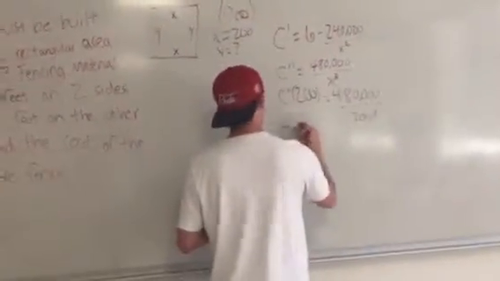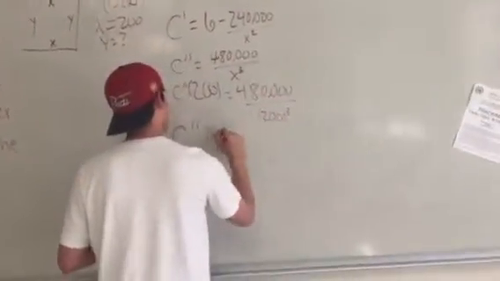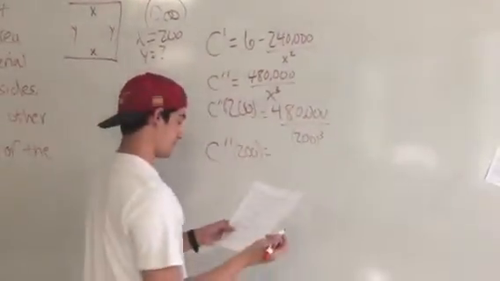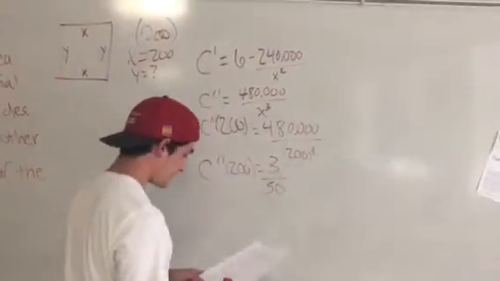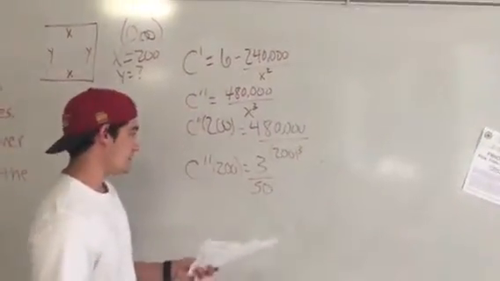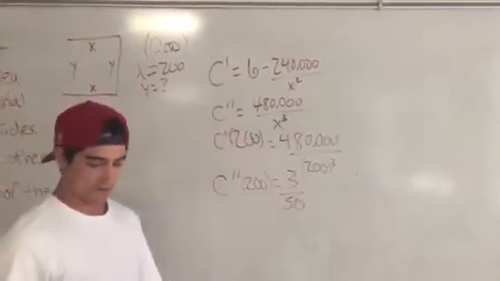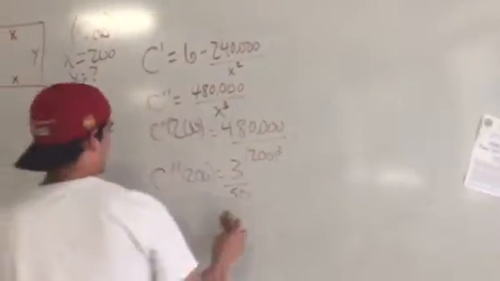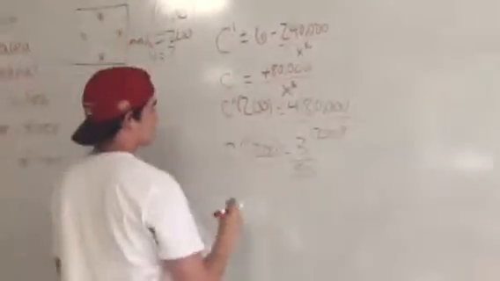When we put that in our calculator, we end up with C double prime of 200 equaling 3 over 50. Now, since the second derivative at 200 is greater than 0, we know that C has a local minimum at x equals 200.